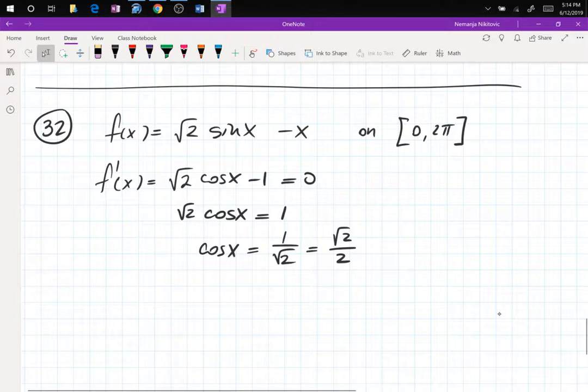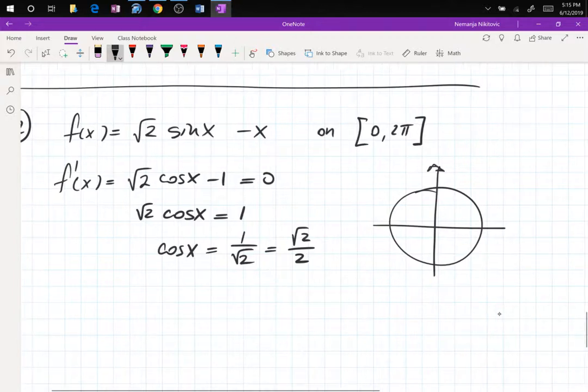So when is cosine square root of 2 over 2? And we are on the 0 to 2 pi. So for your cosine, you have your pi over 4, great. And what else? 7 pi over 4, because cosine is symmetric on the x-axis, so it will drop here.